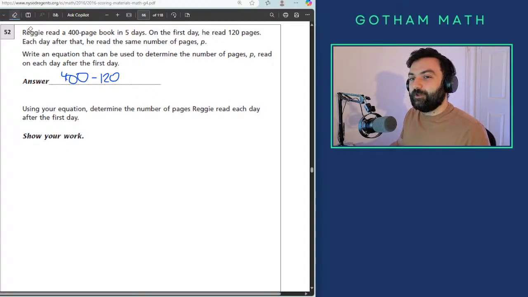No, no. I wouldn't do it like that. Yeah. I would say 120, that's the first day, plus the remaining 4 days times the amount of pages per day, 4p, equals 400.